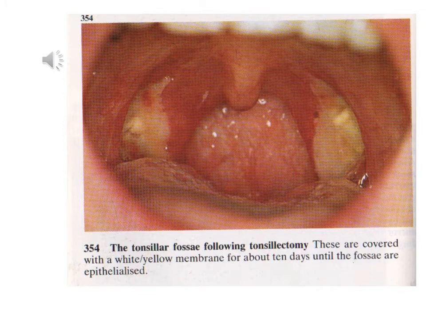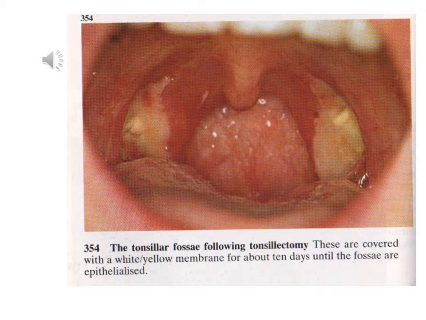In this figure you will see the post-tonsillectomy. The patient had a tonsillectomy. Immediately post-tonsillectomy, on the second day, you will see this whitish discoloration or membrane on the tonsillar bed.